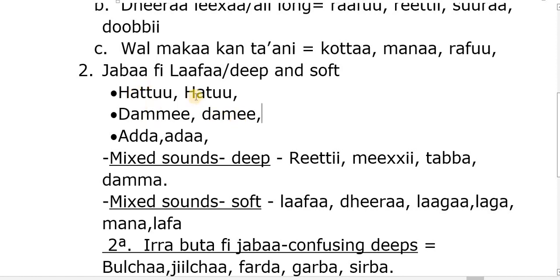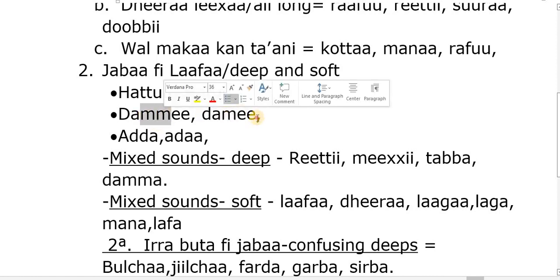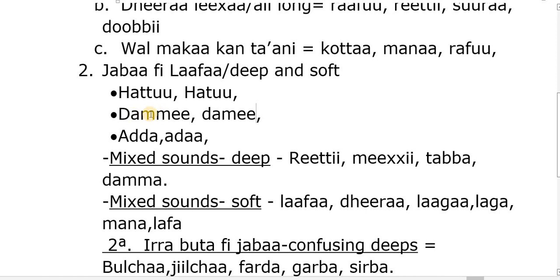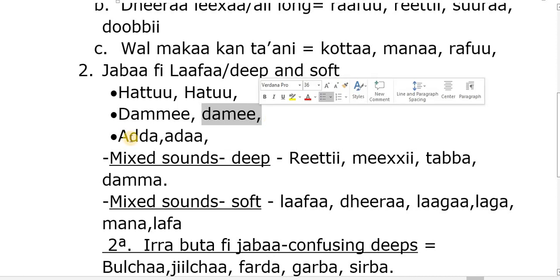Exact structure. This is strong and long. This is soft and long.